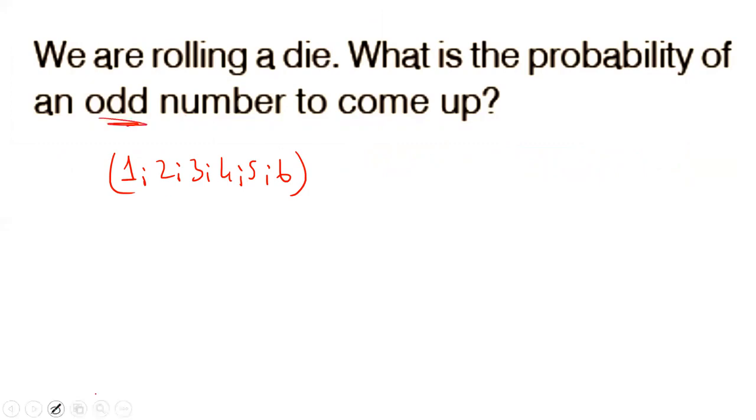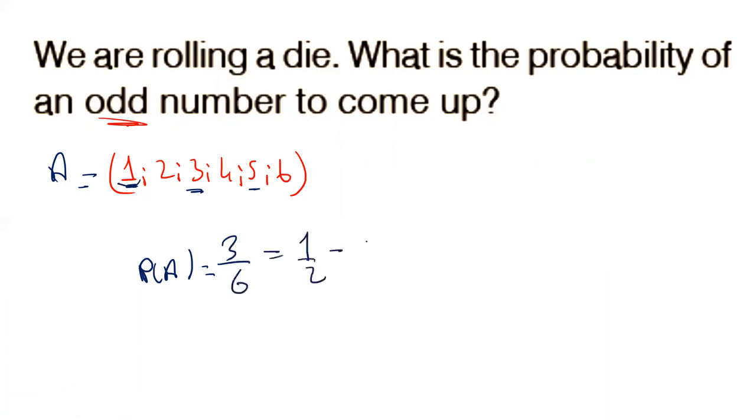When I look at them, I see 1, 3, and 5. So what was the formula? Formula for this event, A again. Probability of A equals the favorable outcome, what the question is asking you, odd numbers, 3, over altogether how many I have, 6, which is going to be 1 over 2. You could say 50% for this one too.